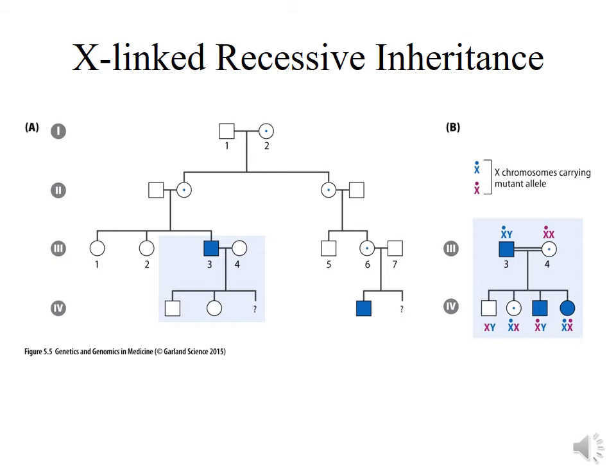In each case, for the child of a carrier mother, such as 3-6, the overall chance of being affected is 1 in 4. But this is sex dependent. A son will have a 1 in 2 risk, but a daughter will not be at risk, though she has a 1 in 2 risk of being a carrier in the highlighted box.